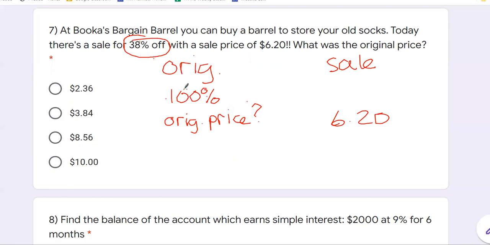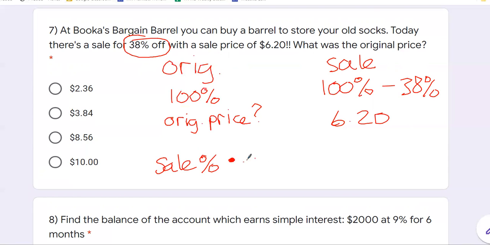So if the original price was 100%, it's 38% off. So you take 100% and you subtract 38% and you get some difference, right? And that sale percentage is going to multiply the original price, which we don't know, and it's going to equal that sale price, which is $6.20.